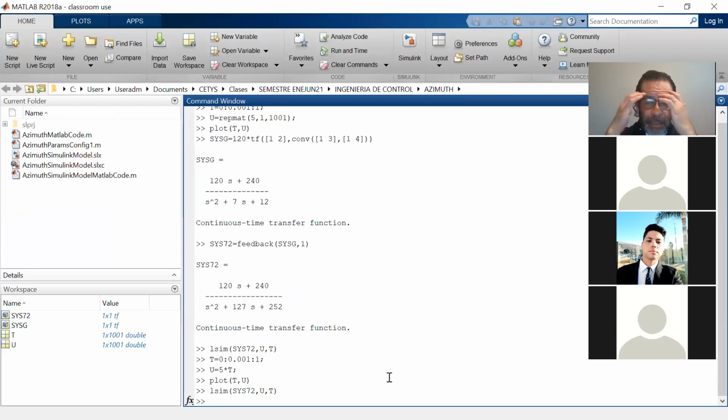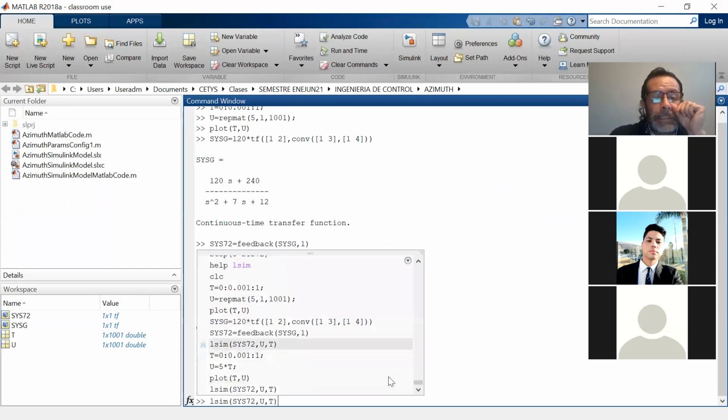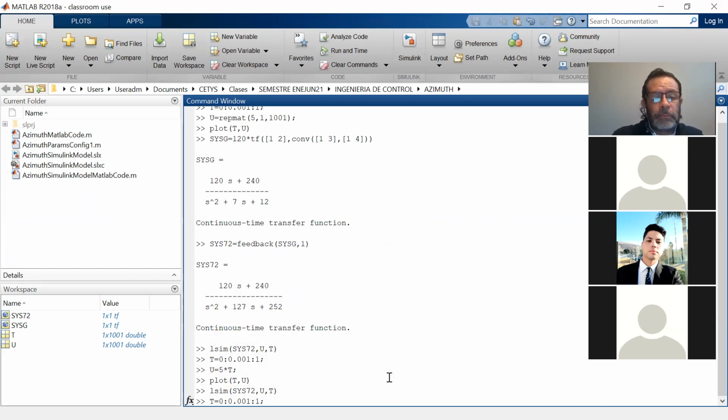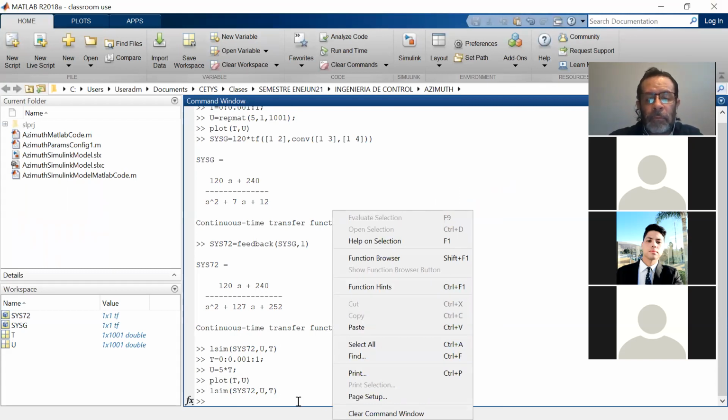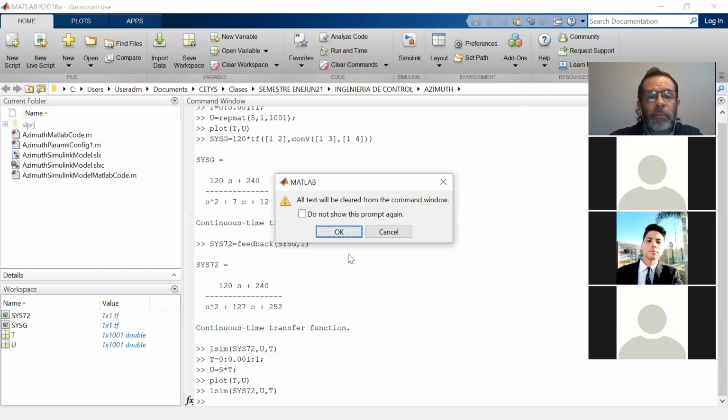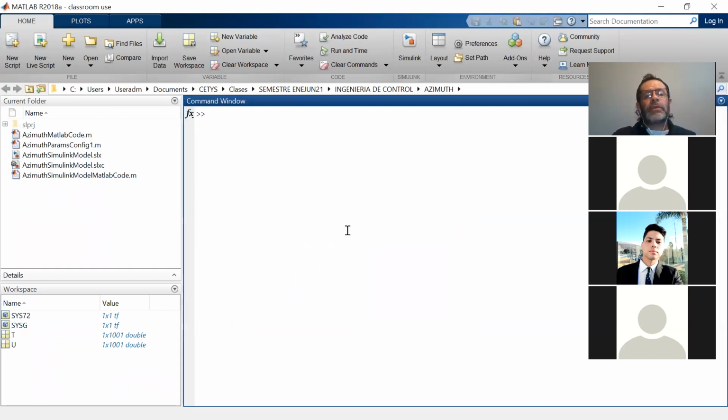Now let's provide it an input as a parabola, meaning now we're going to have a system that has an input that now has a constant acceleration.